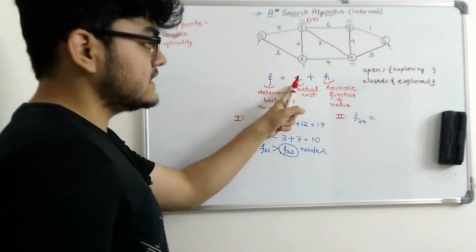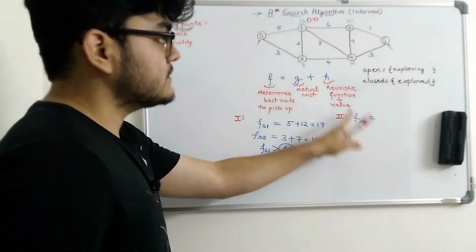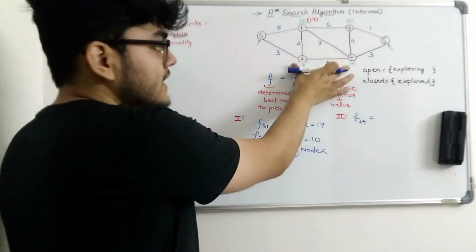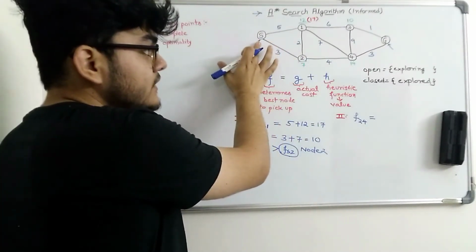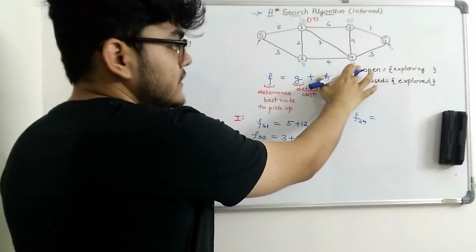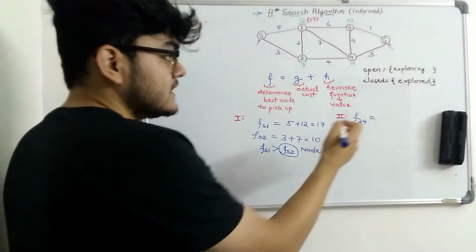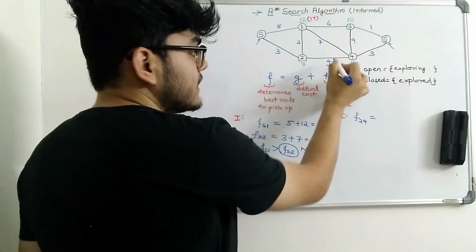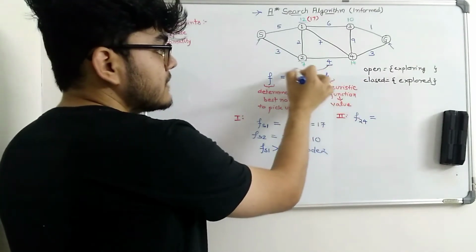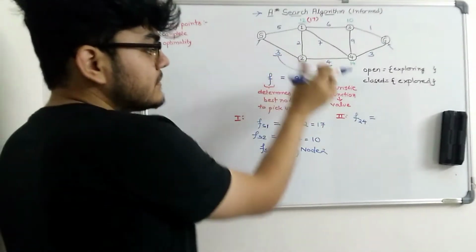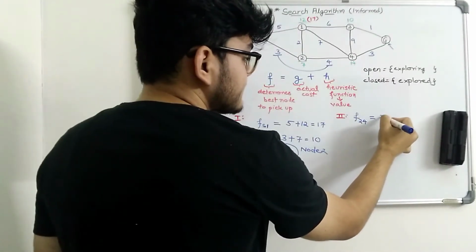But this g is not the actual cost from node number 2 to node number 4. It is the value from the starting node to the node that we are actually trying to reach. So here g will not be 4, g will be 4 plus 3. What is 4 plus 3? 4 plus 3 is 7.